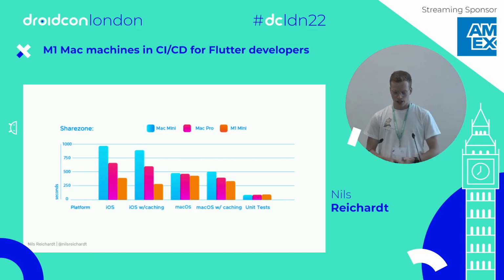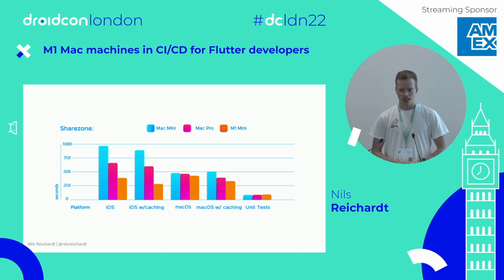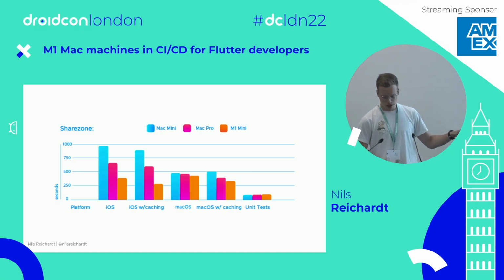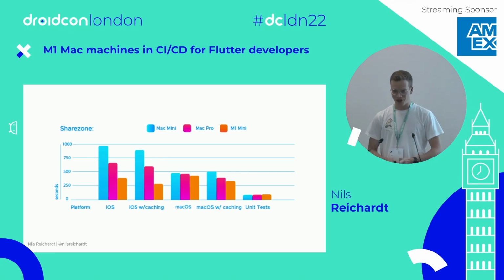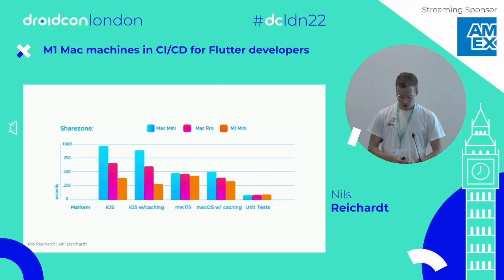You can see 3 machines, 3 colors, and especially on the orange color, the M1s are really fast and the build time is very small. We're going to ignore the unit test thing because I don't know why, maybe you see that it's a bit longer on M1. I don't know what's happening, but for the build things, it's really fast.